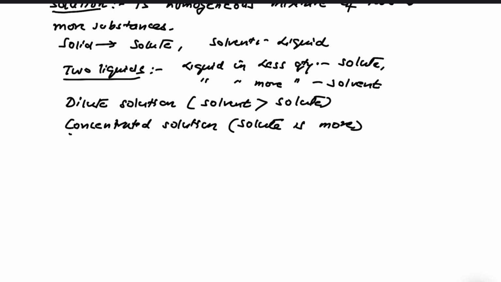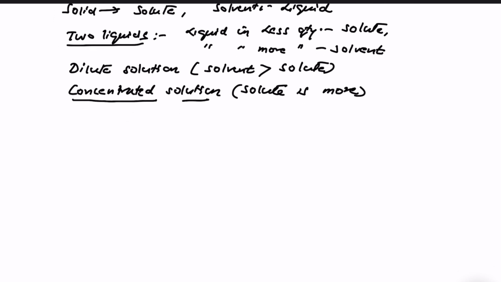Now we have said that the solution will be concentrated when the solute is more. But how much more or how much less? If you want to express it, there is a term for that known as concentration.